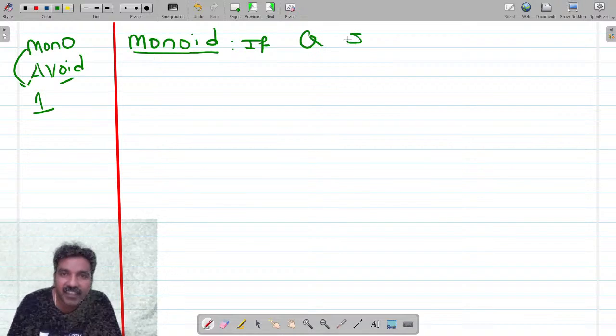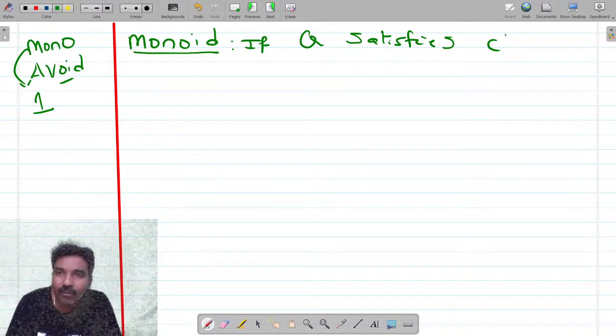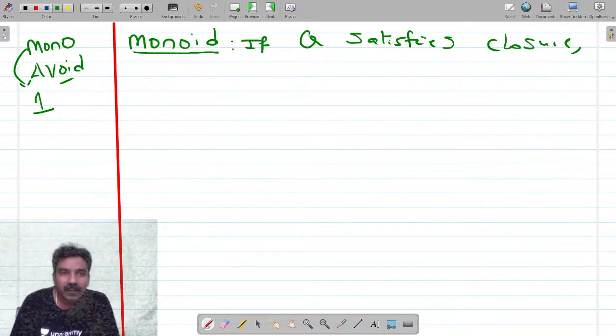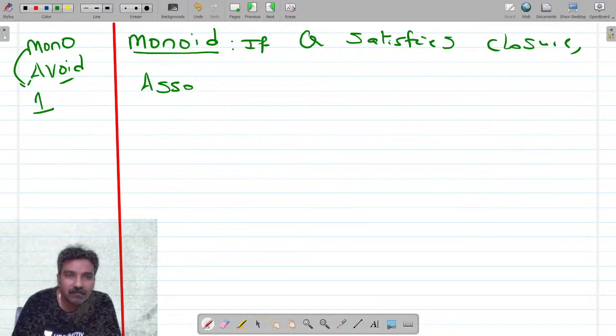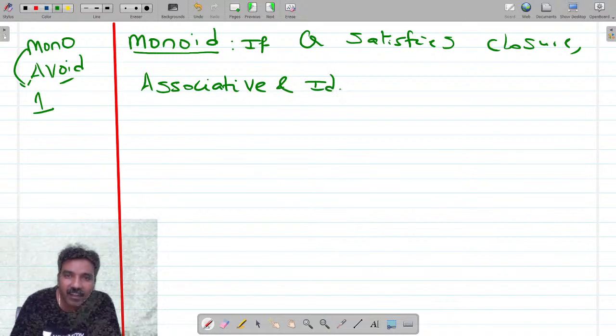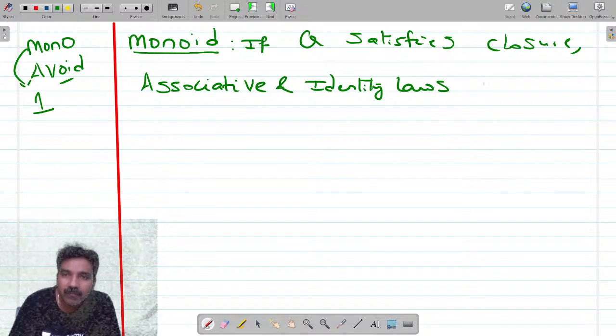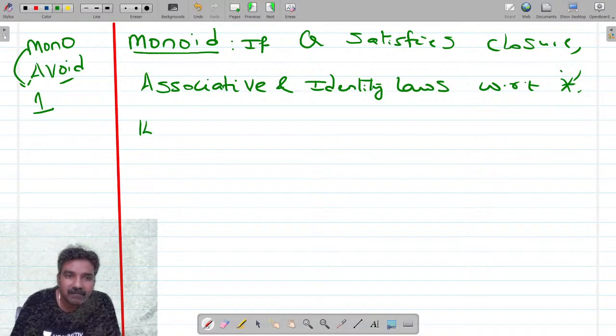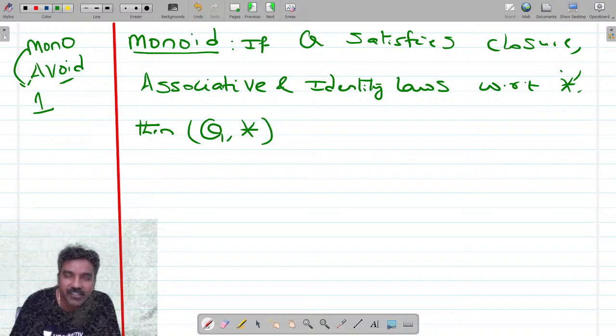If G satisfies closure, comma, associative and identity laws, with respect to star, then G comma star, always write it as an ordered pair, is called a monoid.